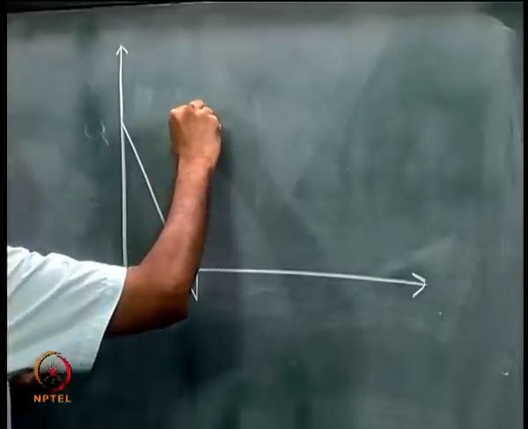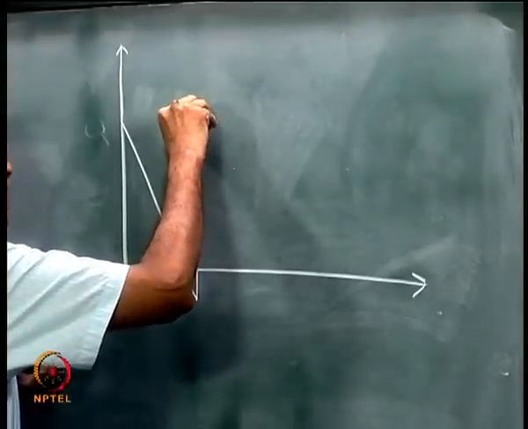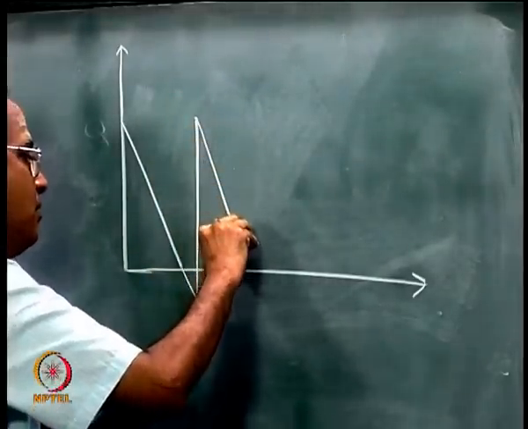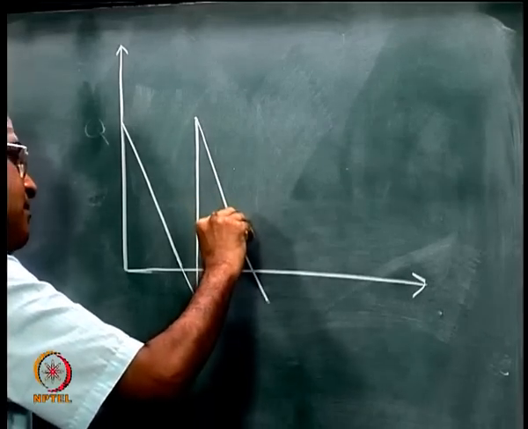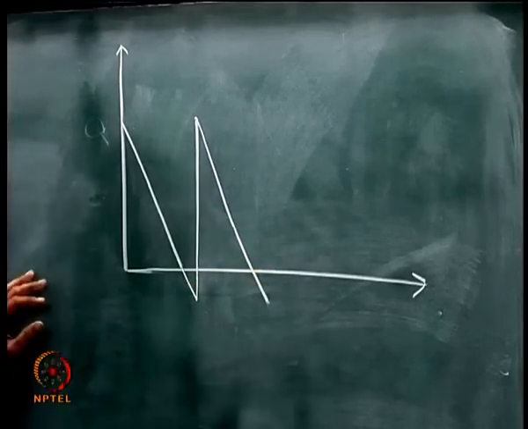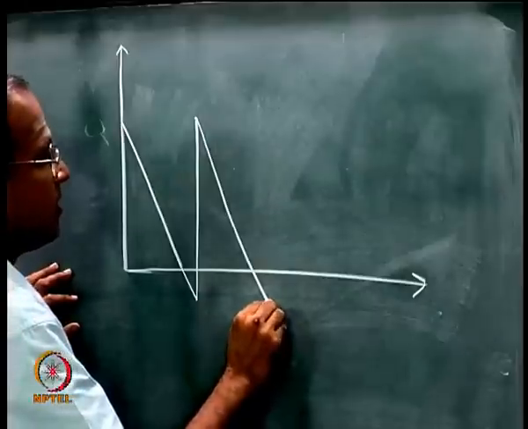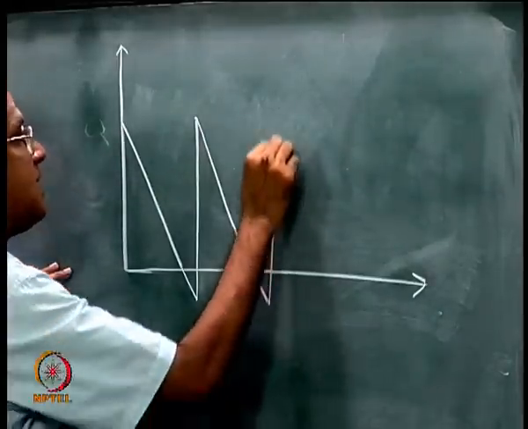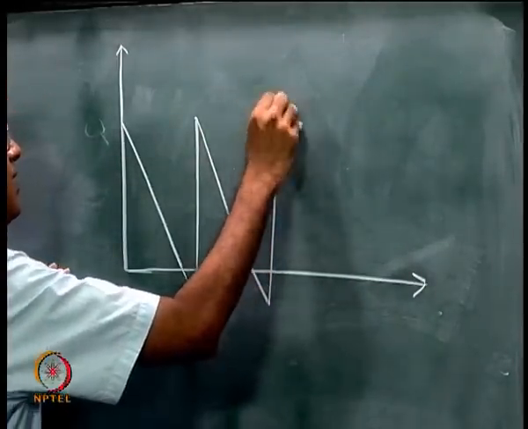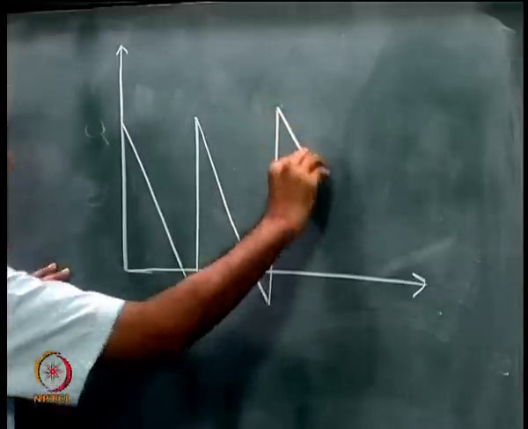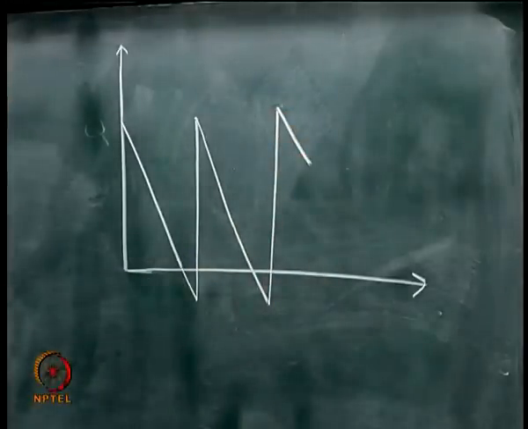Once again we consume at the rate of D, once again build some back order, and at this point you place the order for Q and get it replenished instantly, and then it proceeds.